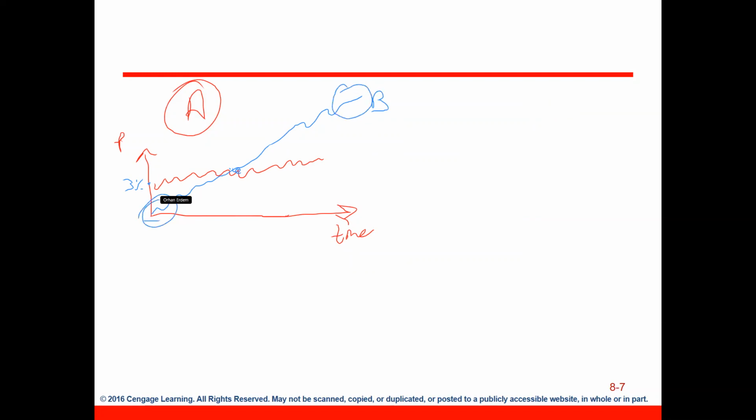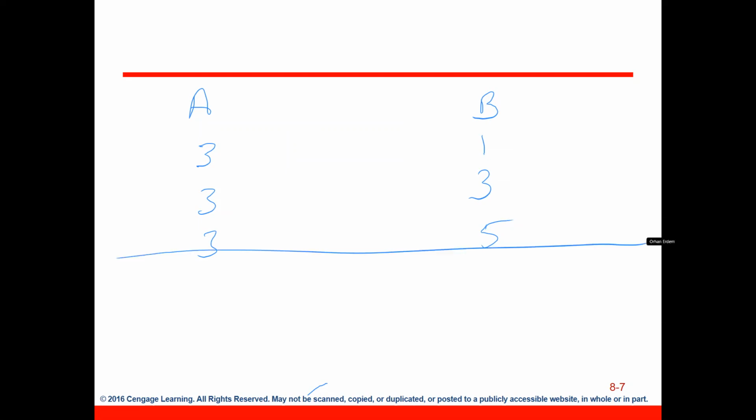So let me give a numerical example. Say A is 3%, 3%, 3% for 3 days. B is 1%, 3%, 5%. When you calculate the mean, their means are the same, right? The mean of A is 3, the mean of B is also 3. You add the numbers and divide by 3.